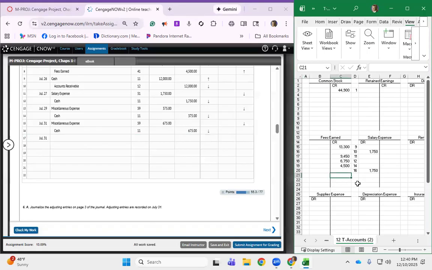So this is $5,000 and this is number 19. So you should have 5 entries for fees earned when we get finished with this one. So here comes the cash of 5,000 and we're going to record the fees earned as a credit. Okay, let's go to cash.